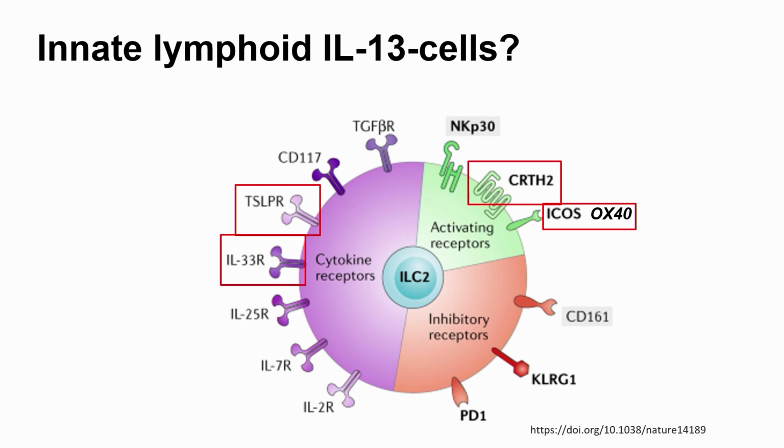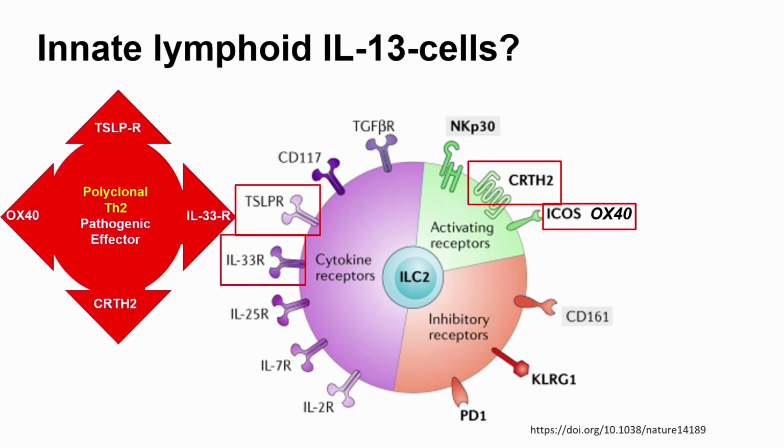And that these receptors for the alarmins and their co-stimulatory receptors can essentially license them to develop these IL-13 responses very quickly. But in the single-cell sequencing, we have not seen such a prominent role for human innate lymphoid cells in atopic dermatitis skin.